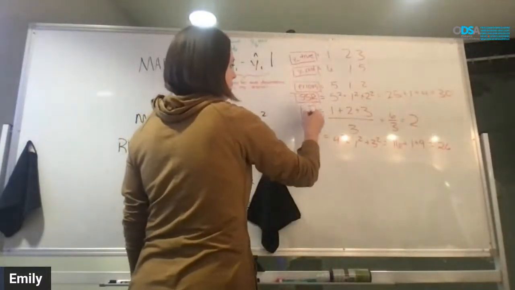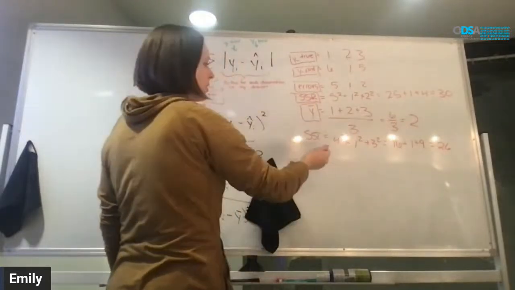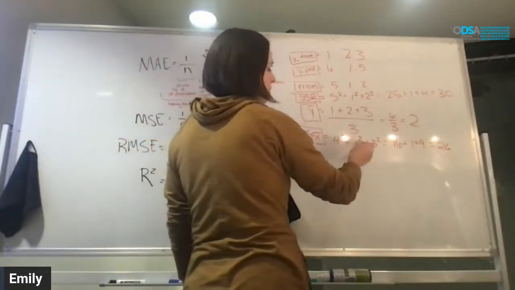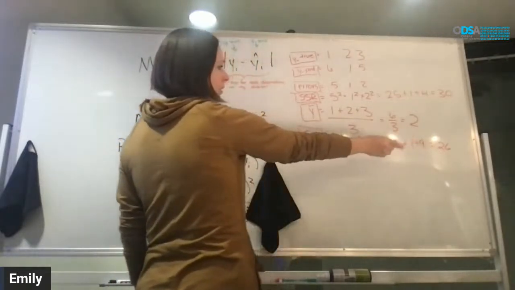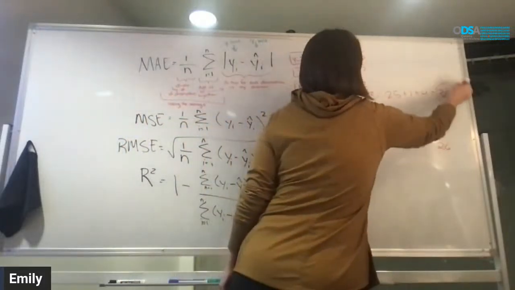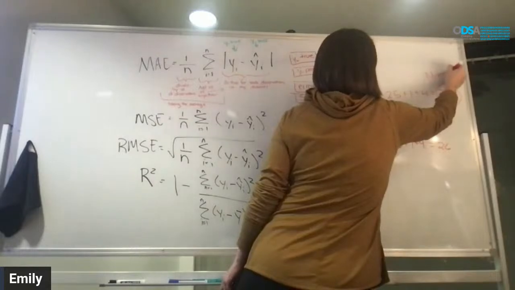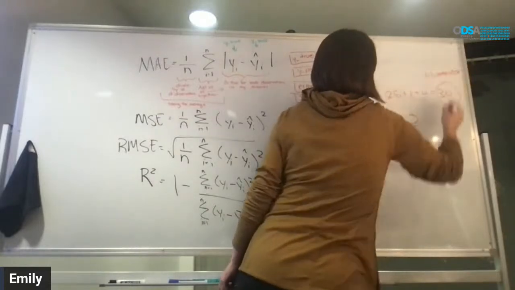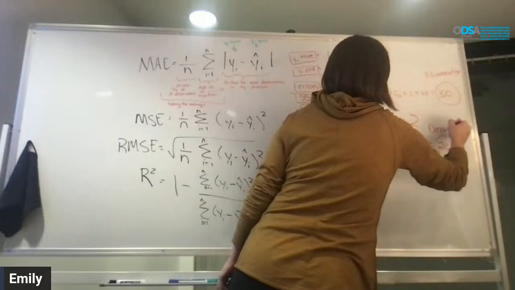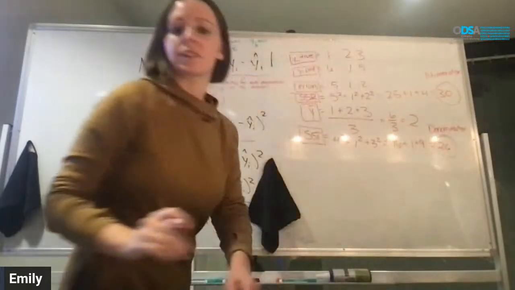Then we calculate our y bar, which is our average, which is 2, and we use y bar to calculate our SST. Summing those up, getting 26. 30 is our numerator, and 26 is our denominator.